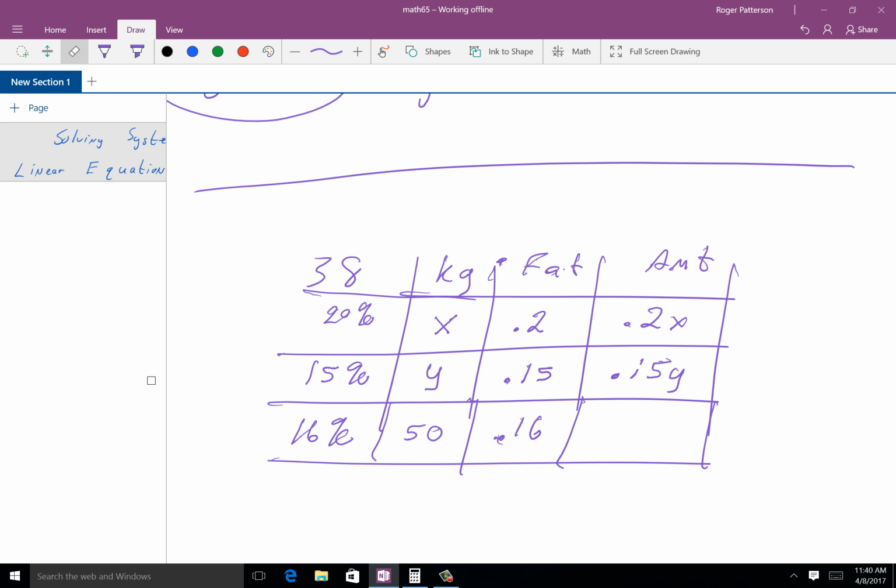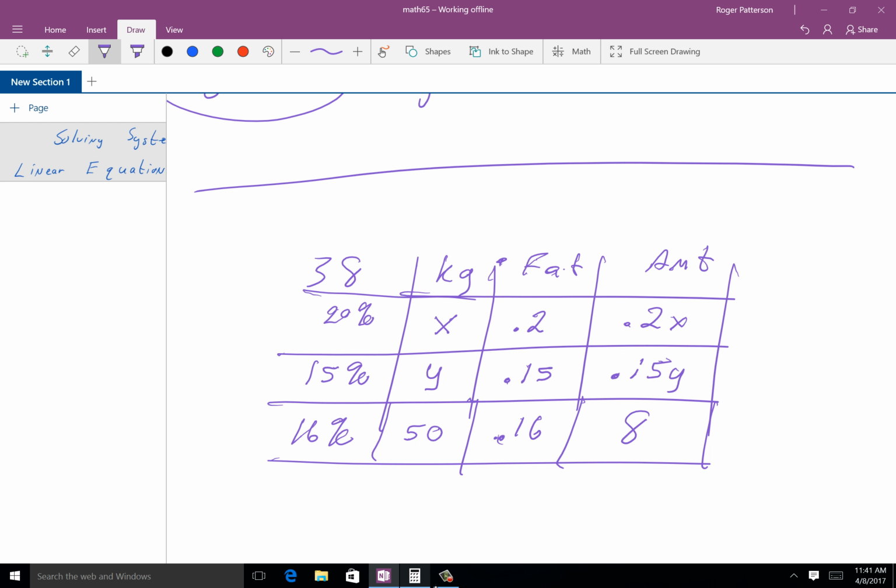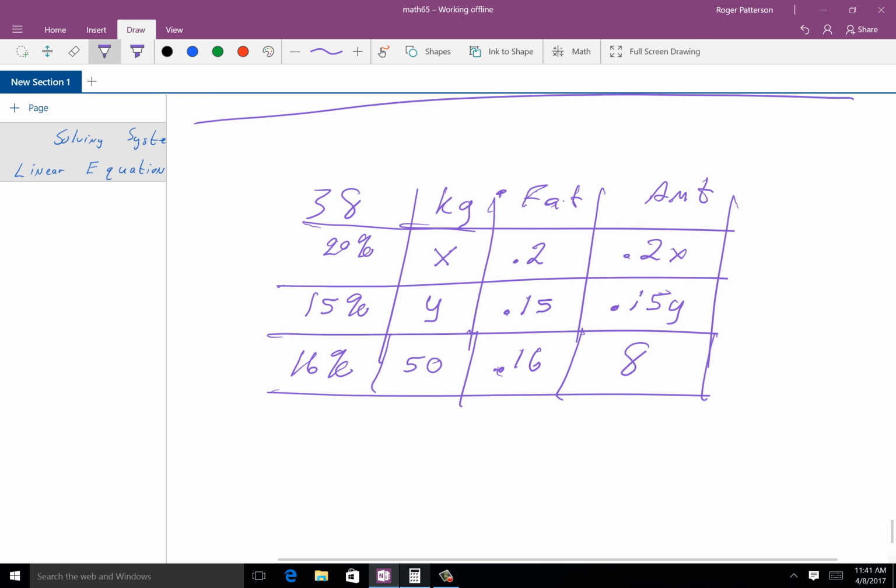So I have to multiply that and figure out what that is. Okay. So I got the table all filled in. Are we good on the table part?